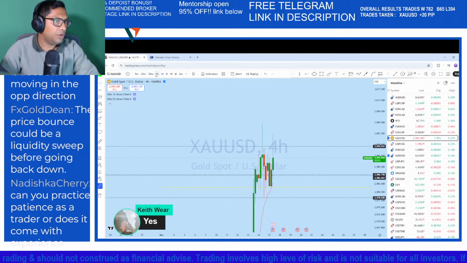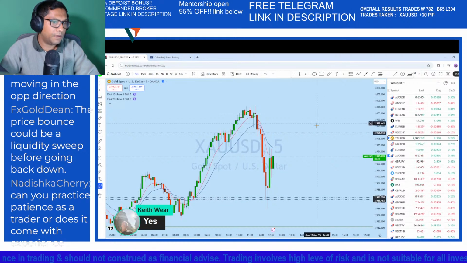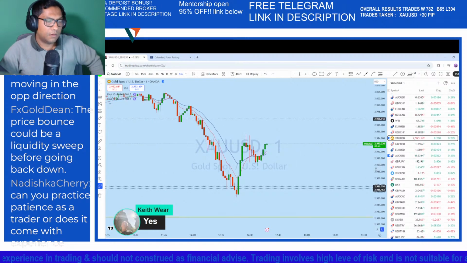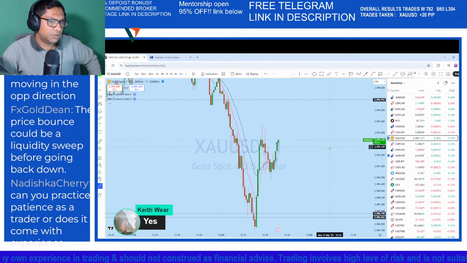So if we look at the lower time frame, okay, so this is the 1 minute chart here. Here is a potential bounce.